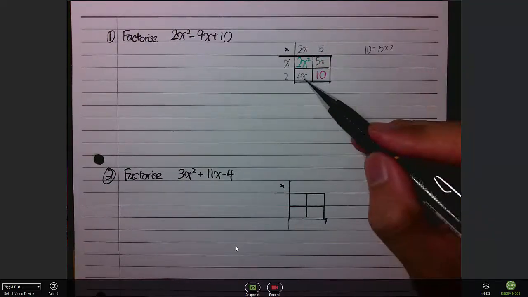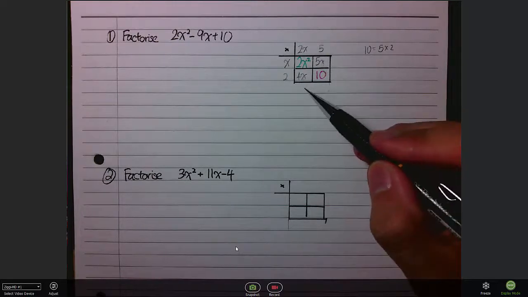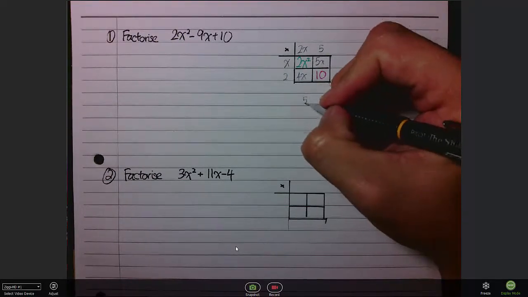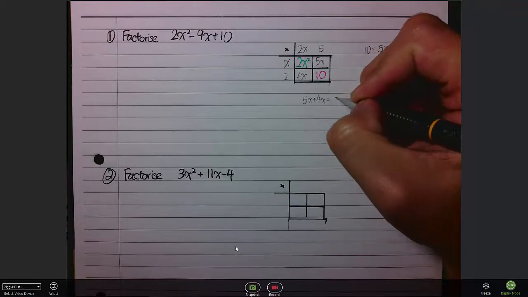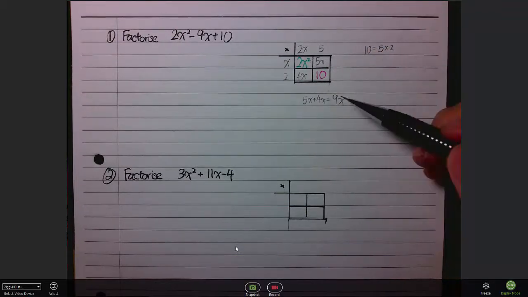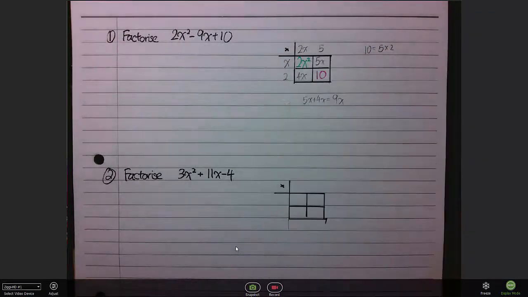Then I check. 5x plus 4x is positive 9x. Then double check: this is positive 9x, but we need negative 9x. Something is wrong there.